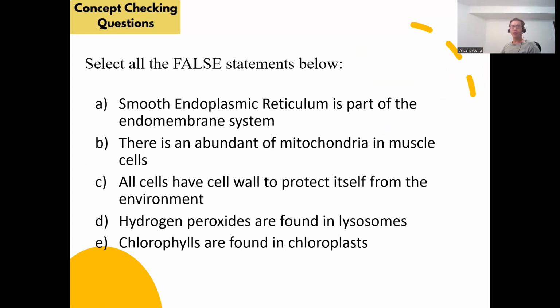Select all the false statements below. Go ahead, take a look. I will launch the poll for you in a bit. All right, hopefully you finished reading.